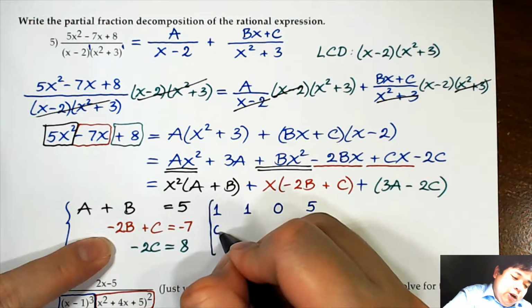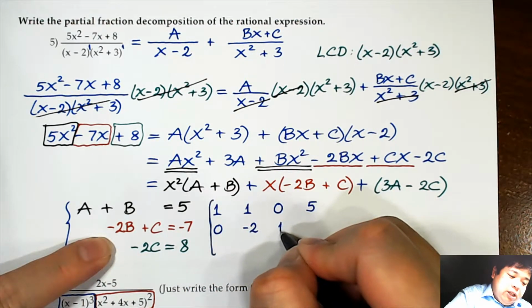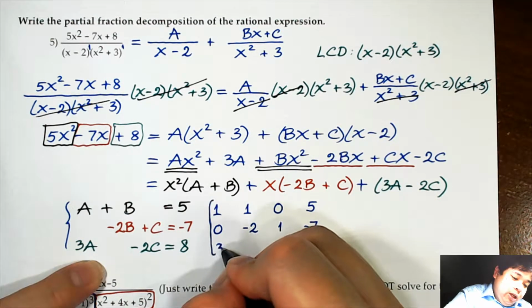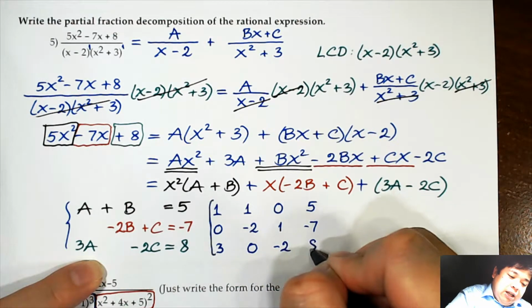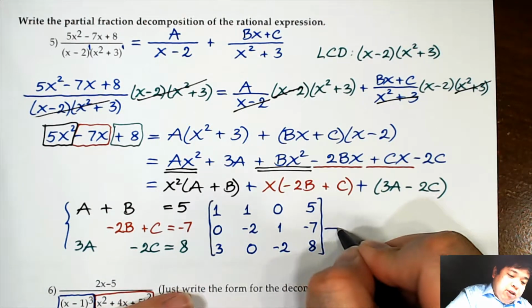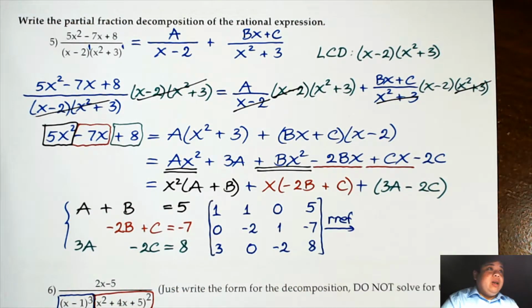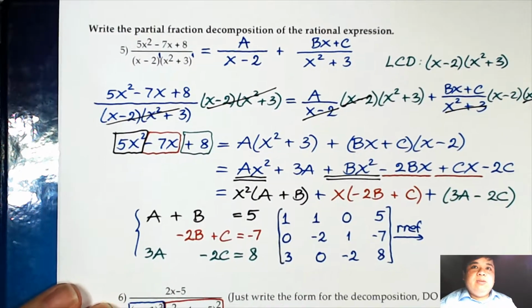And then 0 for A, negative 2 for B, 1 for C, and negative 7 for the constant. 3 for A, 0 for B, negative 2, and then 8. Right? And then after that we're going to do the reduced row echelon form. Right, all of that in the calculator. Just want to put that on the side a little.